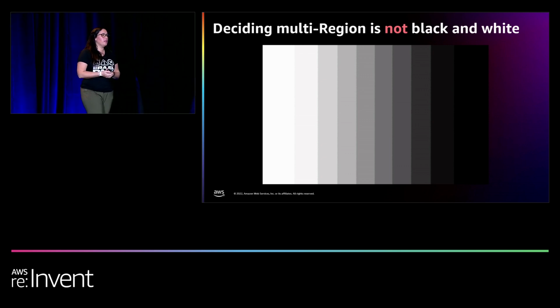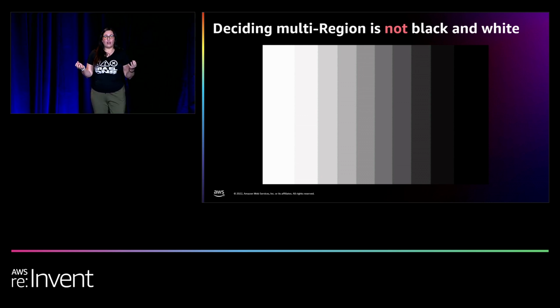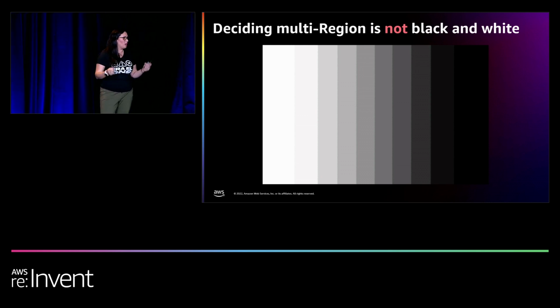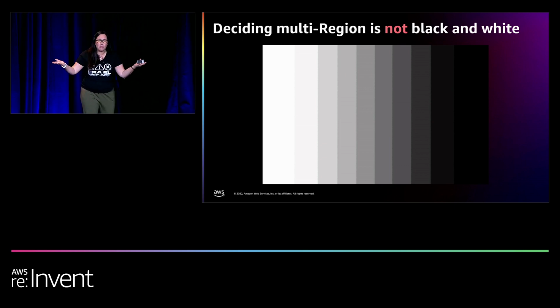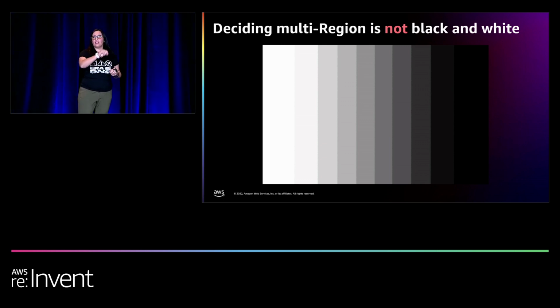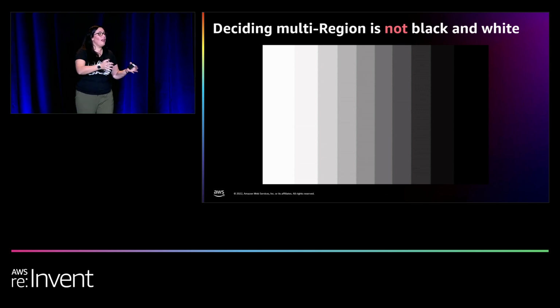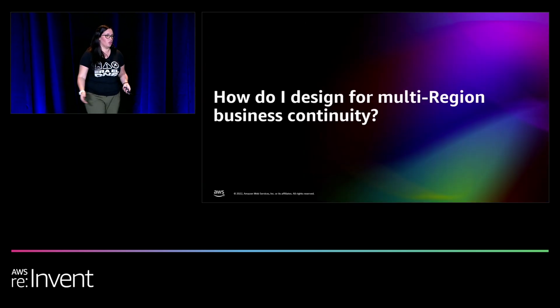So this SA went in, and he looked at the architecture, and they had made everything multi-region. And when I say everything, even the menu of the cafeteria was multi-region. Does it need to be multi-region? No, it doesn't. Why? It doesn't matter. So think about the components that your application needs to take to a multi-region strategy, to align to the needs of your multi-region strategy.